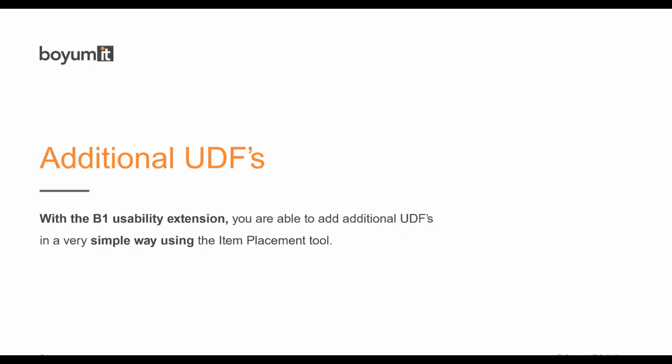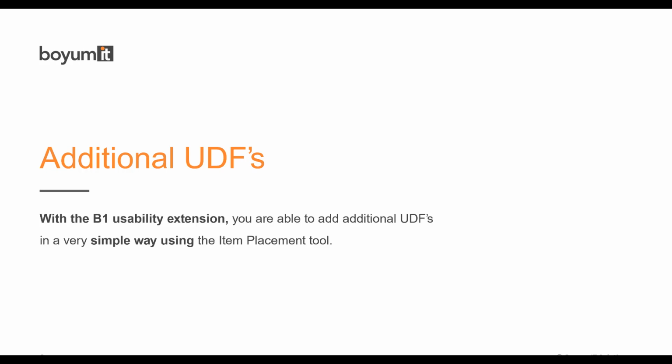With the Beas Usability Extension, you can add additional UDFs. As you might know, in many areas you can have up to 4 UDFs which are defined in the configuration wizard in Beas Manufacturing. With the B1 Usability Extension, you can add your own additional UDFs in Beas, up to 11 more. This will give you a total of 15 UDFs.